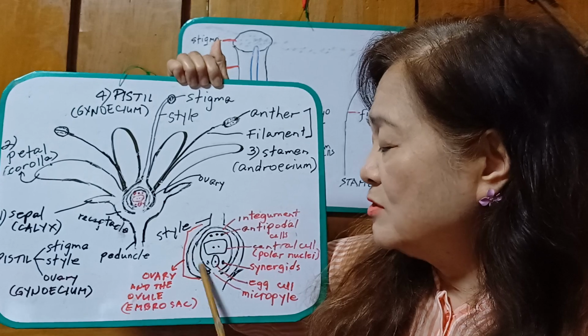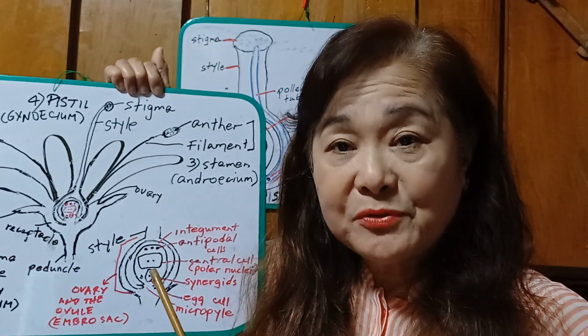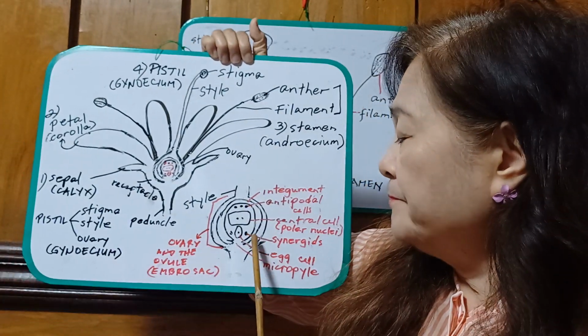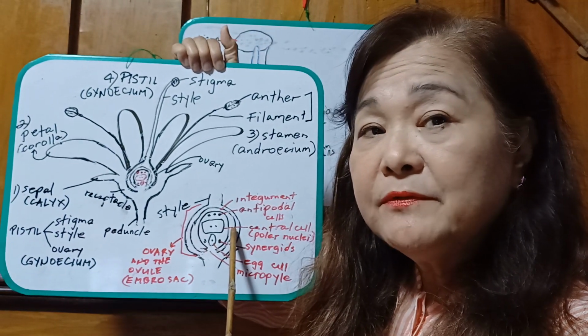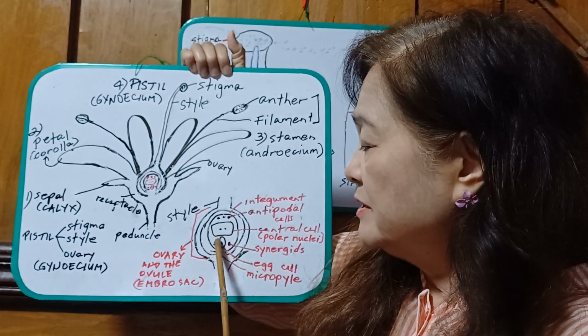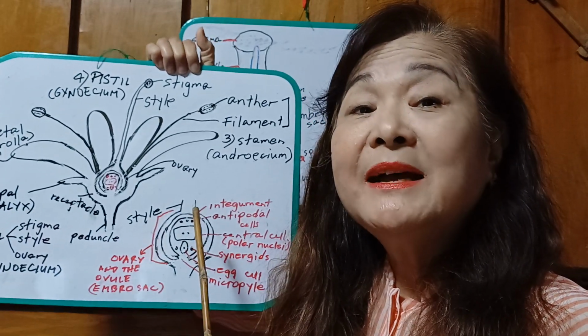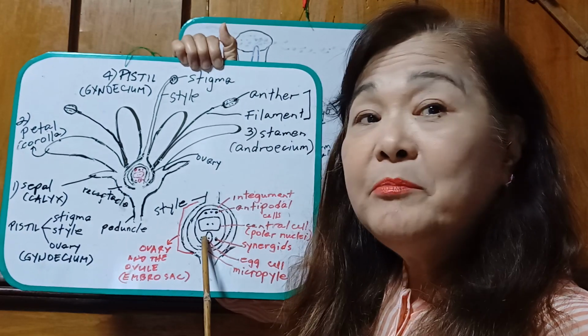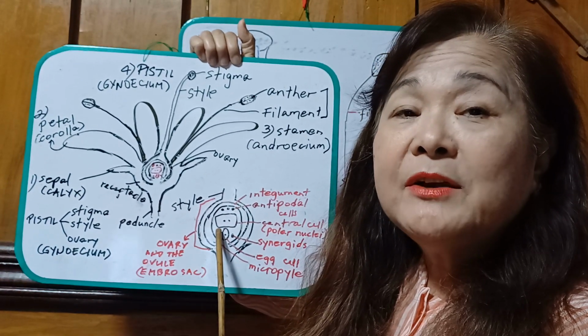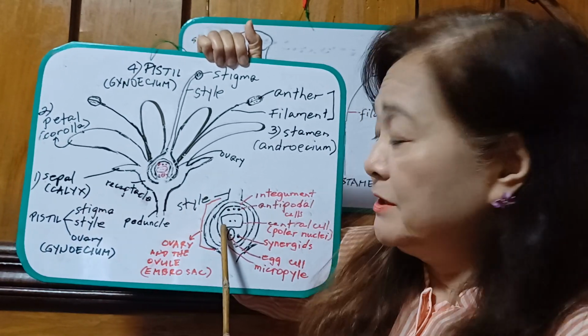It will enlarge so much to become the fruit. So all in all now, the ovary will enlarge to become the fruit, and inside it, what was originally the ovule will become the seed. And the fertilized egg cell will become the zygote or the embryo or the new plant.